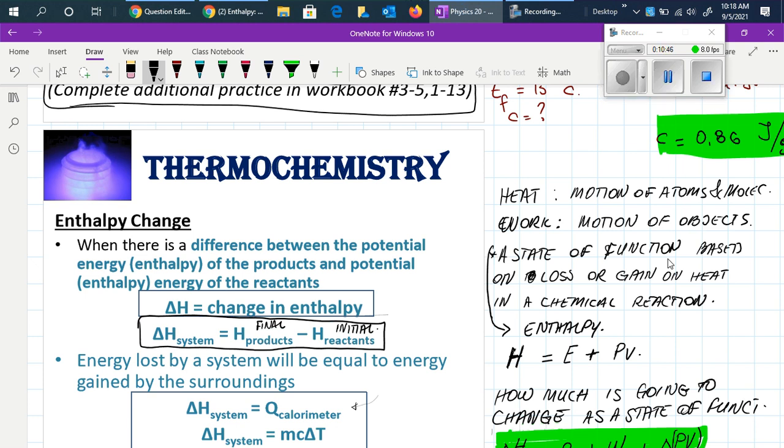Okay, so again, this slide explains the fact that we are not able to calculate the enthalpy of a system, but we are able to calculate the enthalpy change of the system. And the biggest assumption here is that the pressure is not changing.